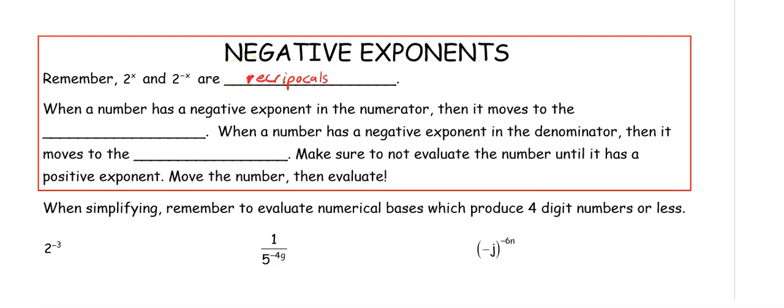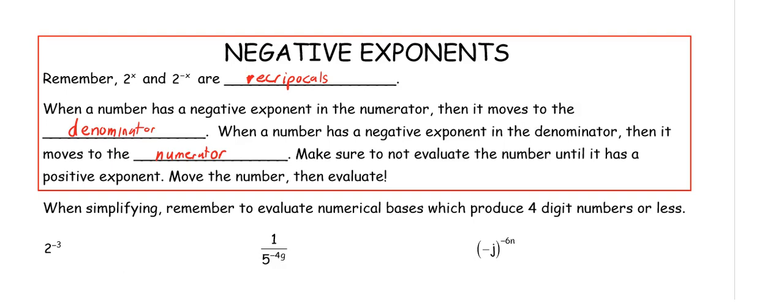So when a number has a negative exponent in the numerator, it's going to move to the denominator of the fraction. And when a number has a negative exponent in the denominator, it's going to move to the numerator of the fraction. So basically it's going to move either from the top part of the fraction to the bottom part or vice versa, depending on where that negative exponent was located.